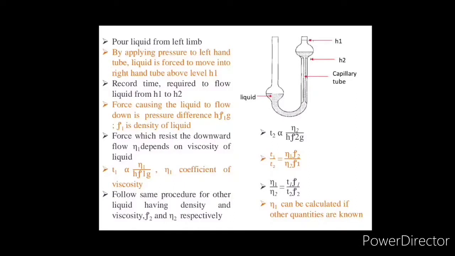From this we can find t1 by t2, which is equal to eta 1 rho 2 upon eta 2 rho 1. From this we can get rho 1 t1 upon rho 2 t2, which is equal to eta 1 upon eta 2. If we want to calculate eta 1, we should know the other quantities.